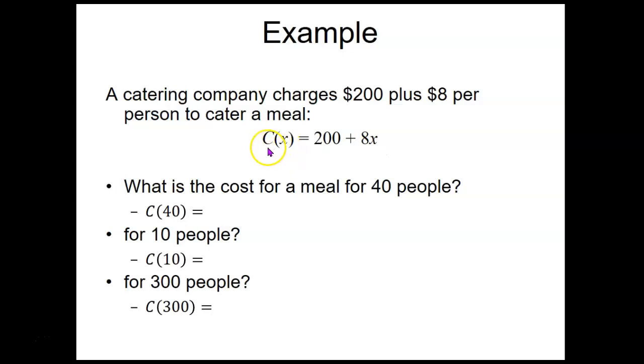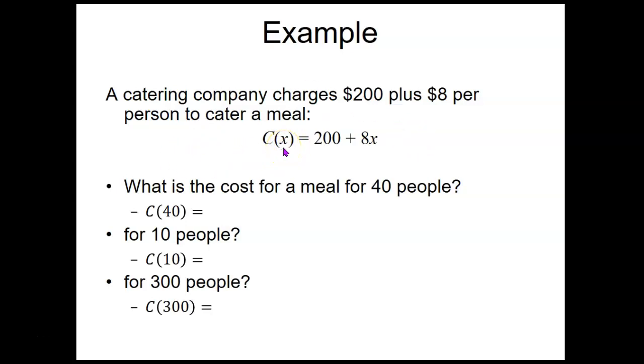And we call that C of X. So that's read C of X. It's a function of the number of people. So C is the function, the catering charge, and it's a function of X, the number of people. So if I ask, okay, what's the cost to cater a meal for 40 people? The short way of asking that is, what is C of 40?